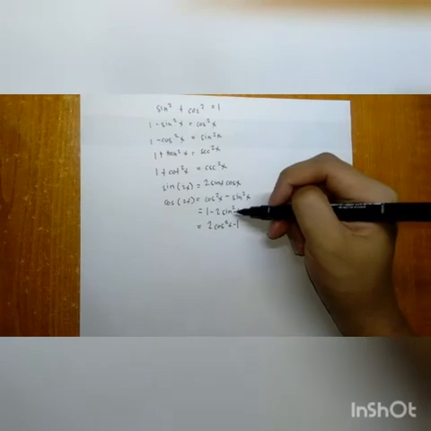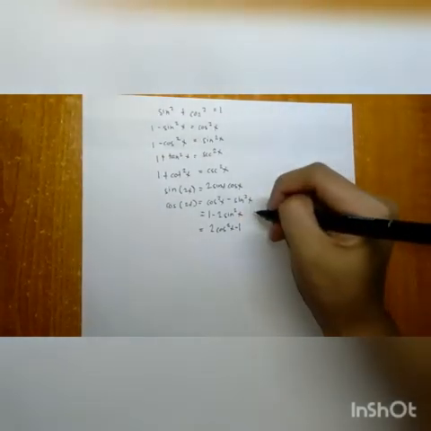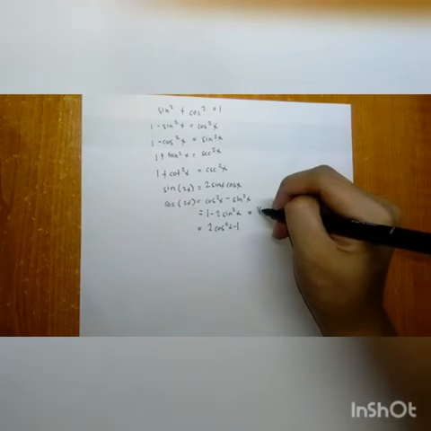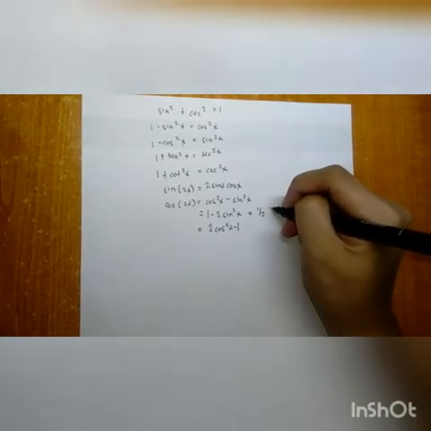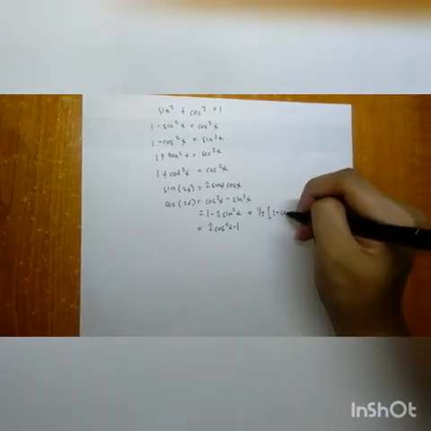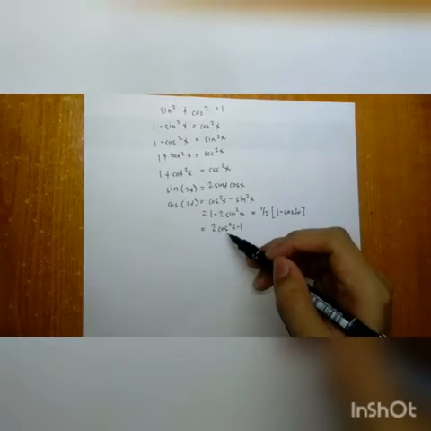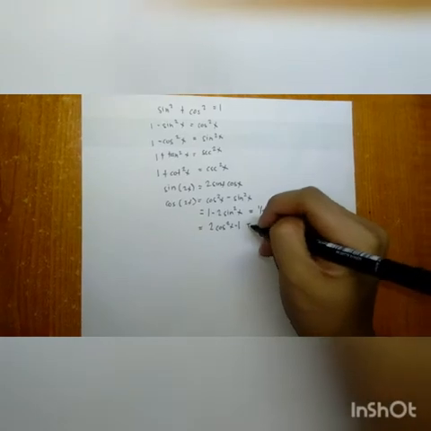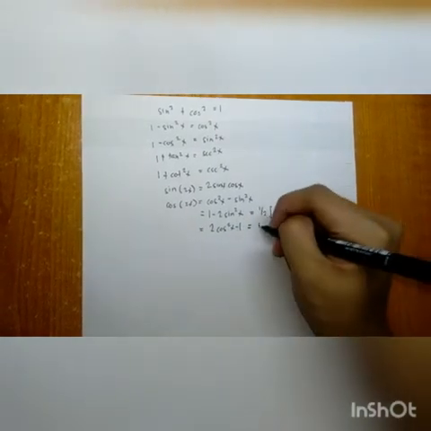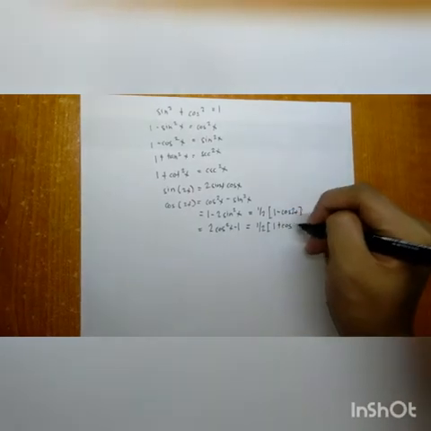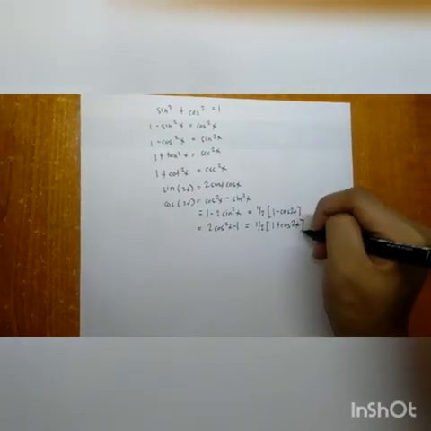If you want to find sine squared x, that will be equal to 1/2 times (1 minus cosine 2x). And if you want to find cosine squared x, it will be equal to 1/2 times (1 plus cosine 2x).